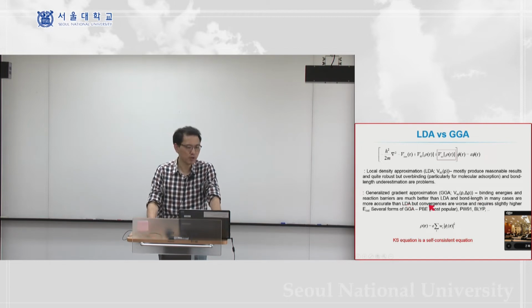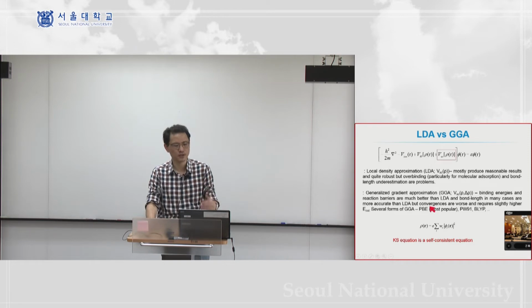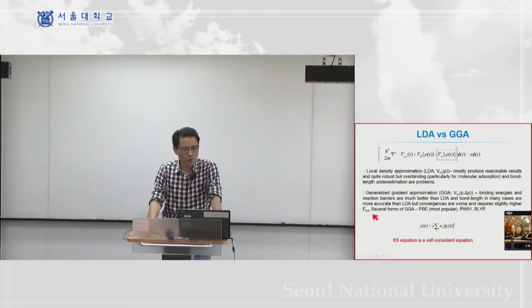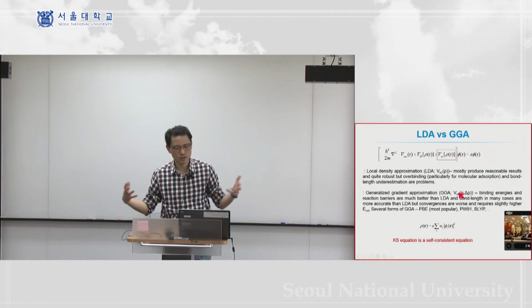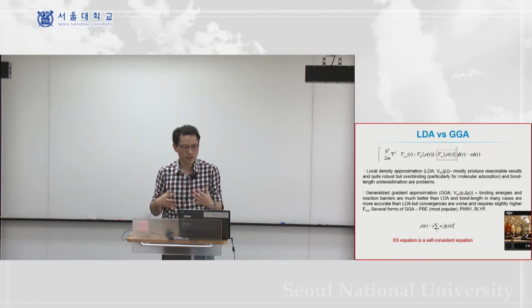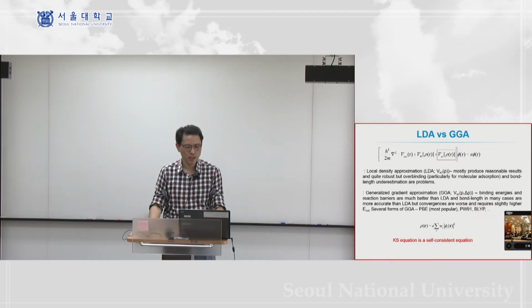But the technical problem is that it requires a slightly higher cutoff energy, and the convergence is a little bit slower. There are several forms of the GGA. Unlike the LDA, depending on how you treat the functional form, there are different variations, and the most popular one is the PBE, which has a very small number of empirical parameters.